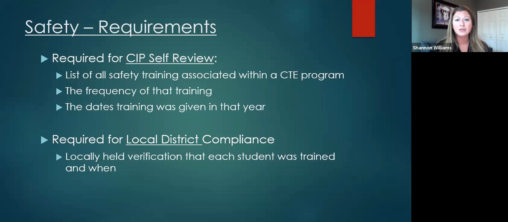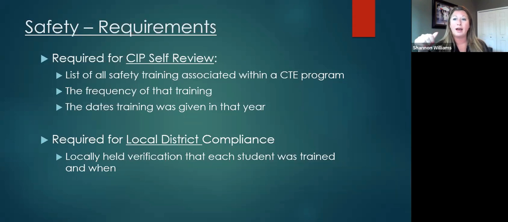But there's two distinctions I want to make. If you remember back in last year, for safety, you had to upload a student list with dates next to the student names, and safety had to be tracked at the student level for CIP self-review. That has changed.